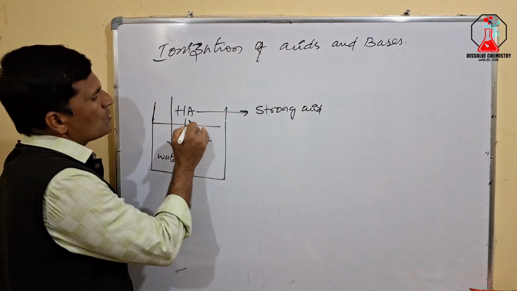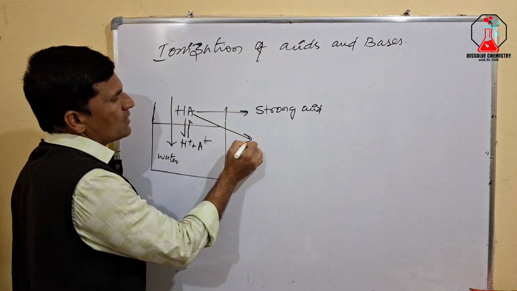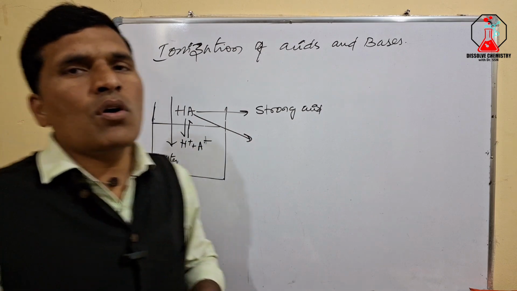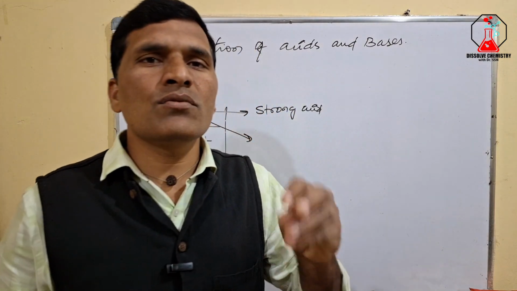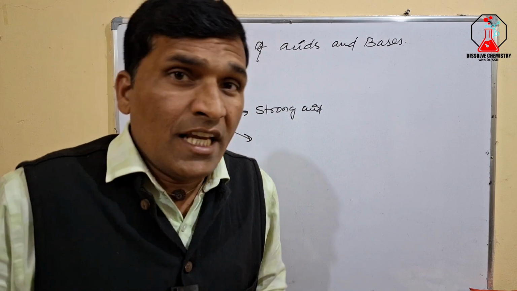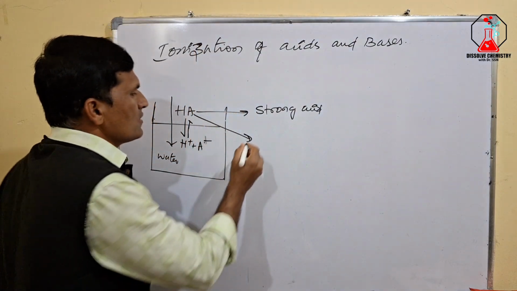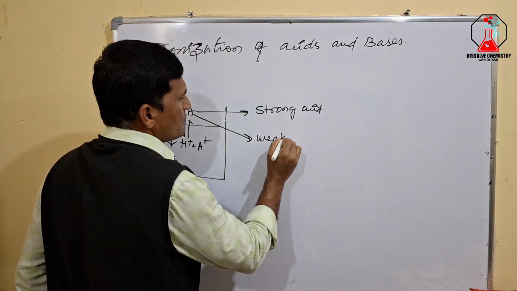Similarly, if it undergoes partial dissociation, meaning it dissociates only to a small extent and gives only a few H plus ions, then it is called a weak acid.